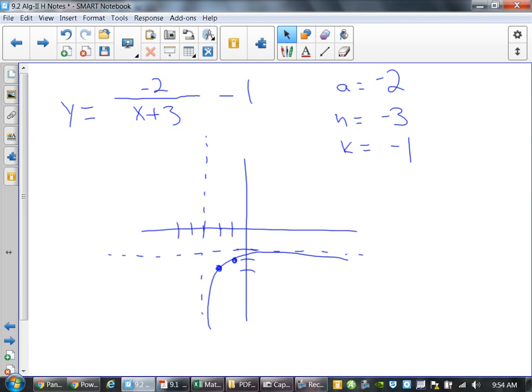So I check it at -4. Okay, and I walk through it again. -4 plus 3 is -1. -2 divided by -1 is 2. 2 minus 1 is 1.